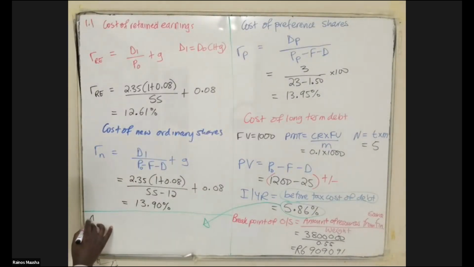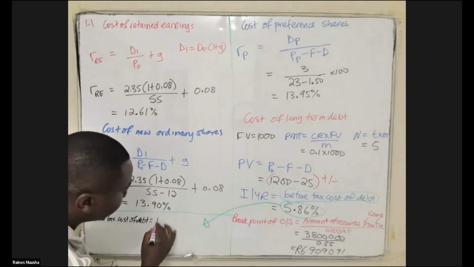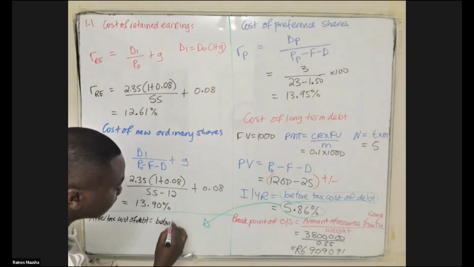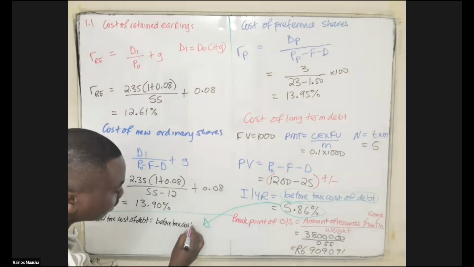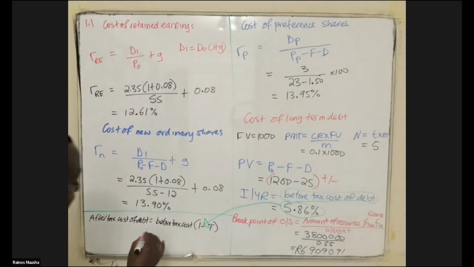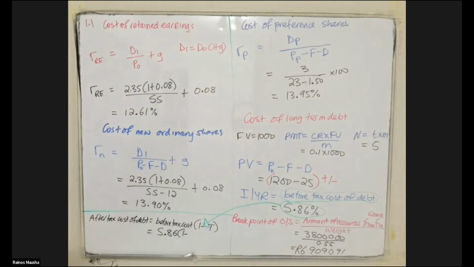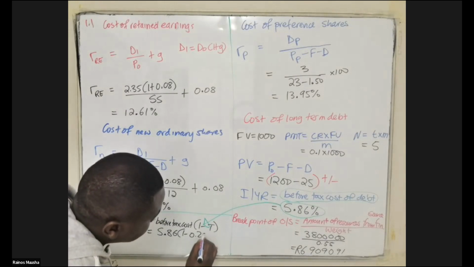So your after-tax cost of debt is given as your before-tax cost multiplied by 1 minus the tax rate, which means your before-tax cost of 5.86% times (1 minus... if you check on the question, the tax bracket that we belong to in this case is what? 28% tax bracket, so it's 0.28).